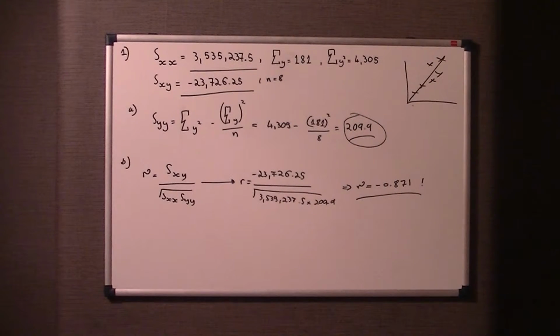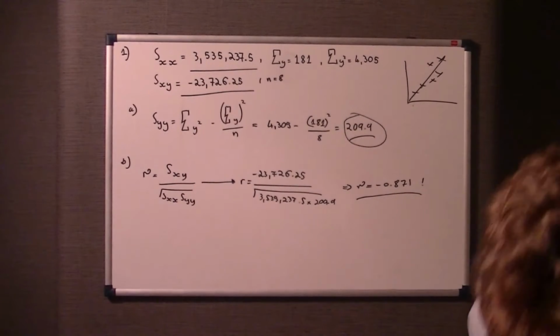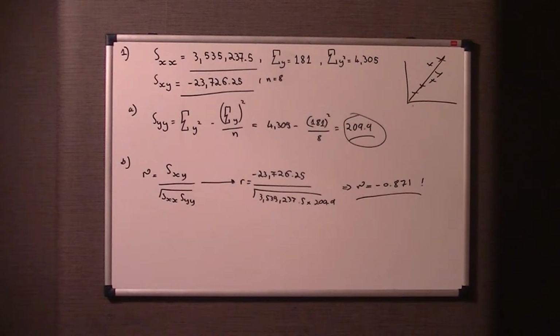So really what you need to say is there's a strong negative correlation between the height of a town above sea level and the temperature. In other words, the higher the town is above the sea level, the lower the air temperature. So you need to relate it to the situation that you're being told about.